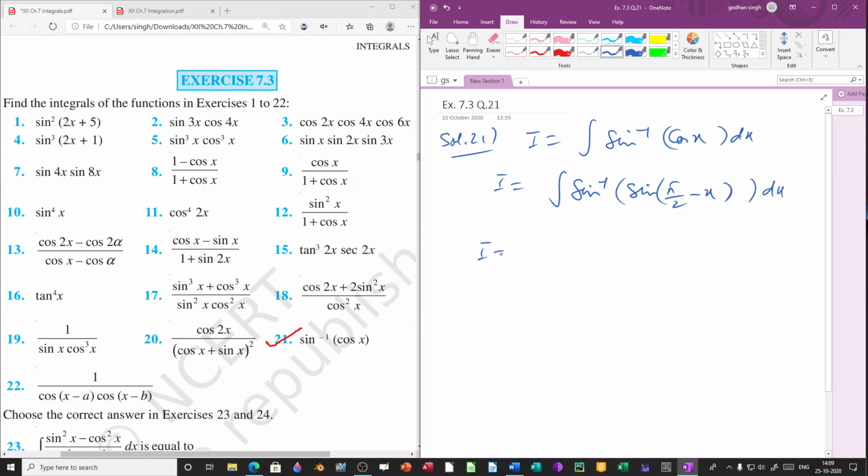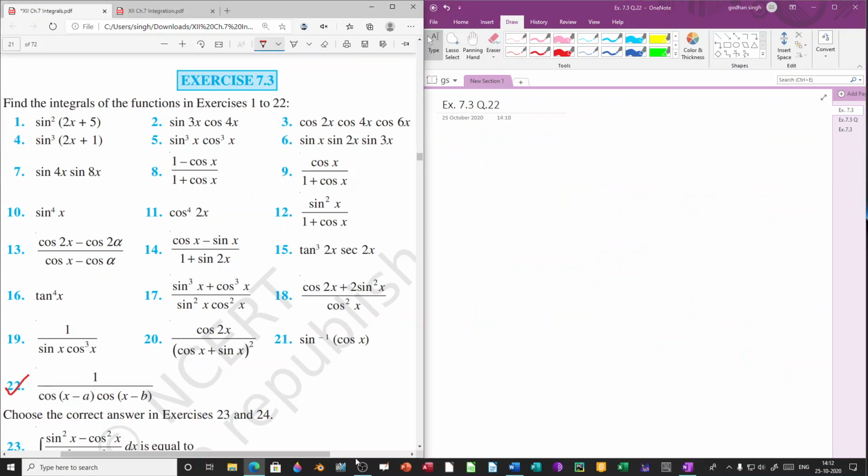Sin inverse and sin will cancel each other, so we get pi by 2 minus x dx. Integrating this, pi by 2 is a constant, so we get I equals pi by 2 x minus the integration of x, which is x square by 2, plus c. So this is the answer of question number 21.